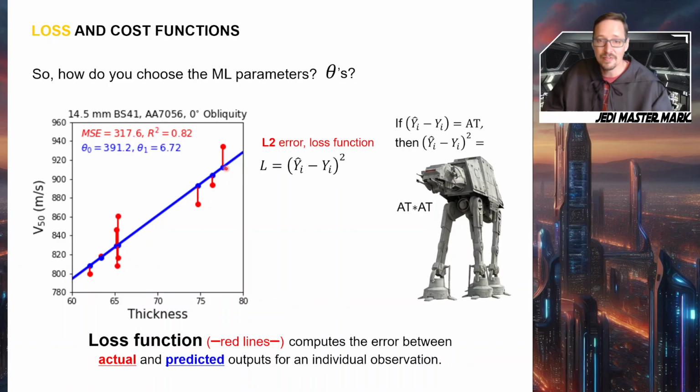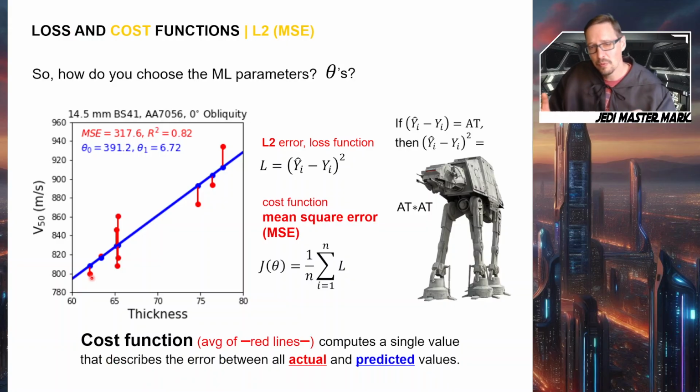And obviously, if that line length is 0, then your predicted response is the same as your actual response. So that's a good thing. But if it's a long line, when you square that, it's even larger. So that's how this loss function works. It computes the error between the actual and predicted outputs for an individual observation, and you're going to do that for every data point that you have in your training set.